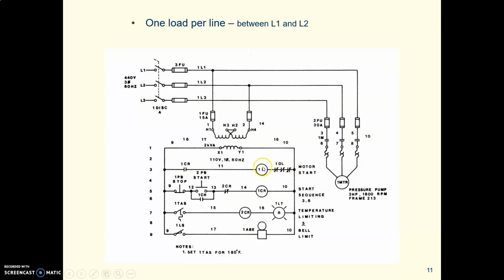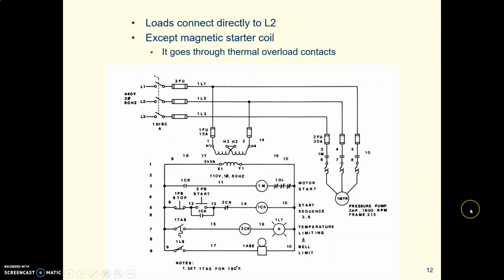So here's a motor coil, a relay coil, a light, an alarm, and the loads always go directly to L2, which is the neutral. Remember, this is a 120 volt control circuit. The loads always go directly to L2, except for the motor starter coil, which has to go through overload contacts before it gets to L2.